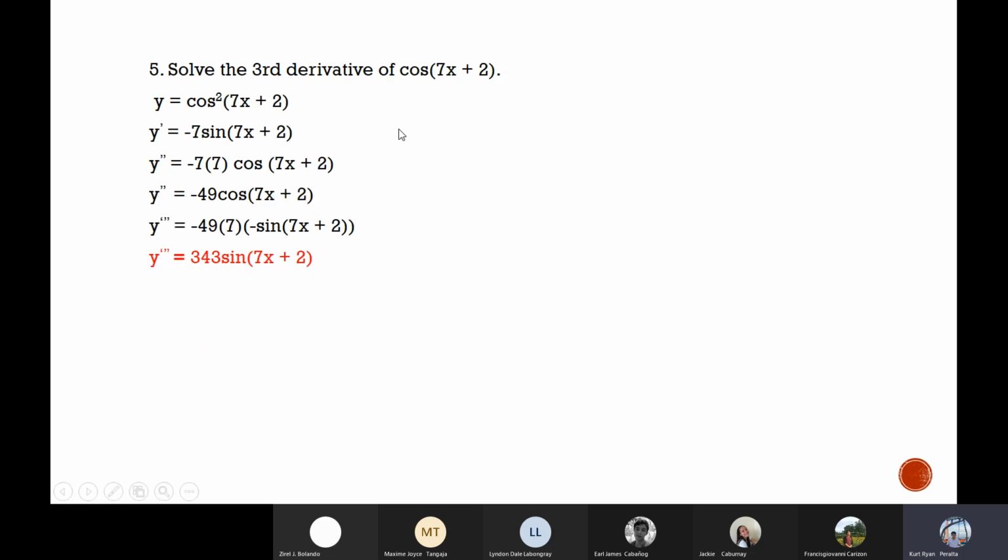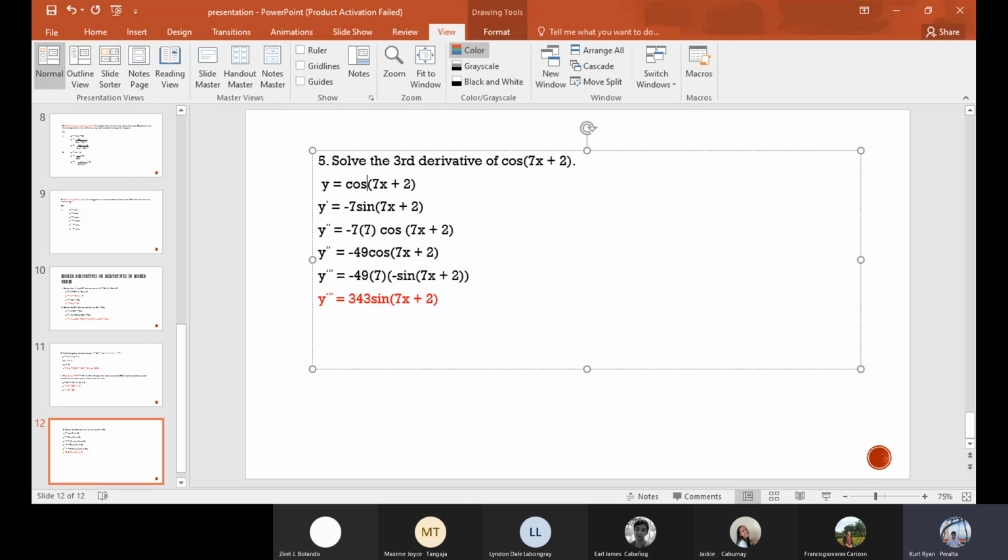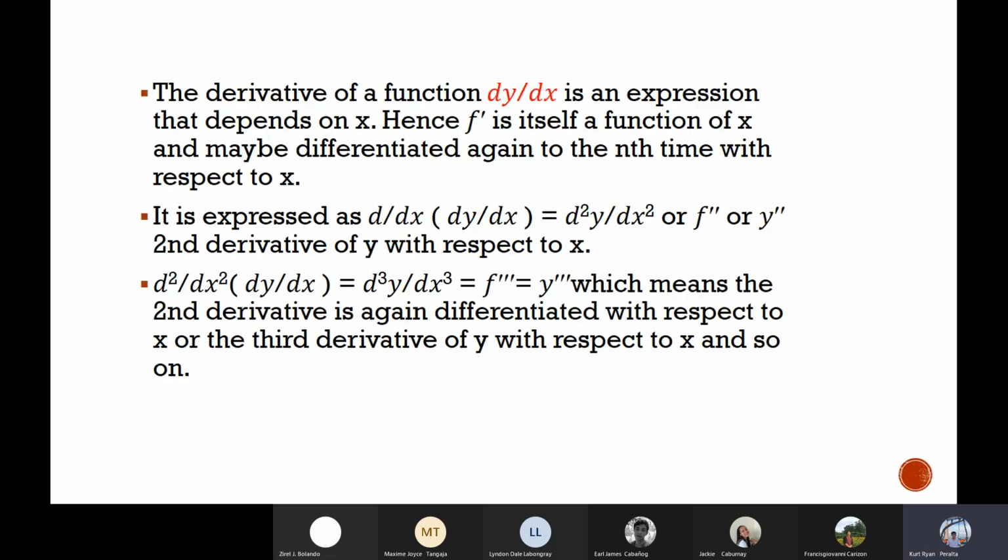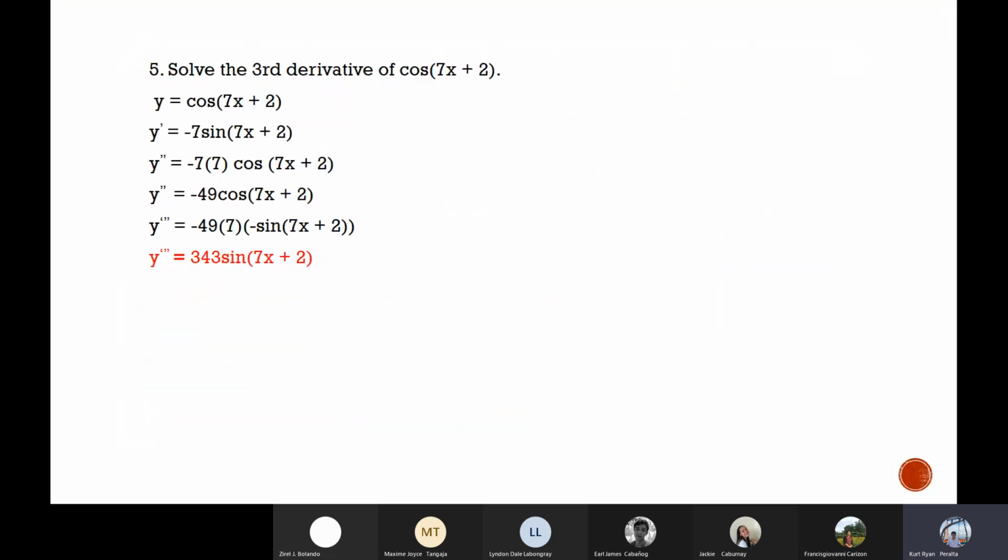And lastly, the third derivative of cosine 7x plus 2. So rewrite the function: cosine 7x plus 2.